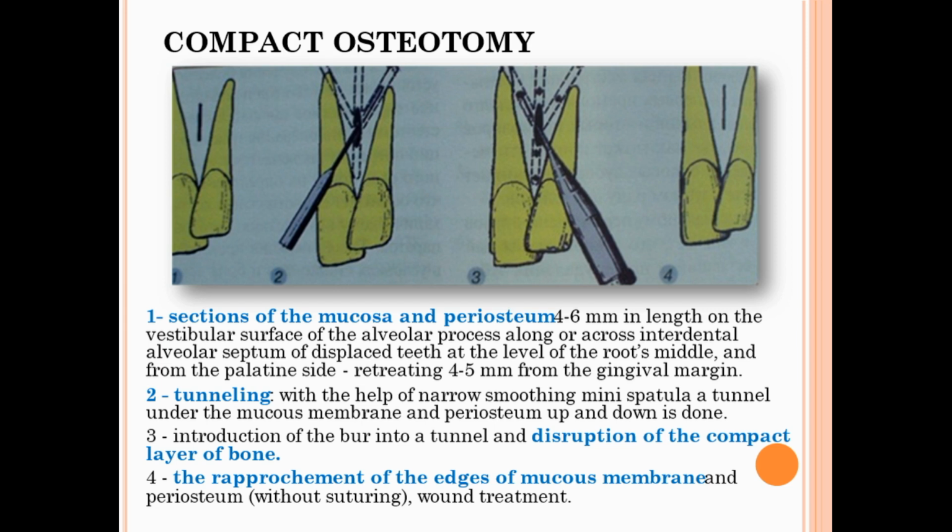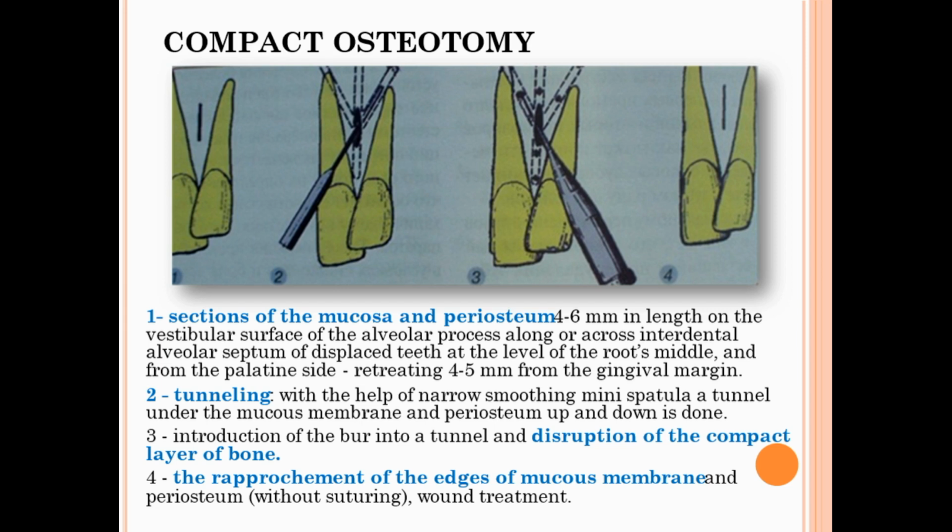For expanding the upper dentition and the body movement of posterior teeth, compact osteotomy should be carried out from both the vestibular and the oral sides of the jaw. For teeth movement in vestibular direction or movement in the vertical plane, compact osteotomy is done from the vestibular side of the alveolar process and in the area of the root apex of displaced teeth.